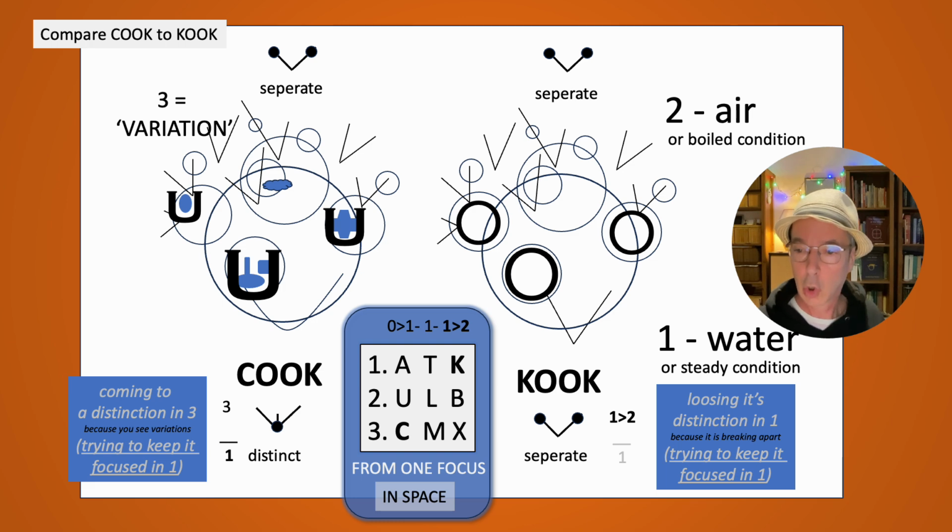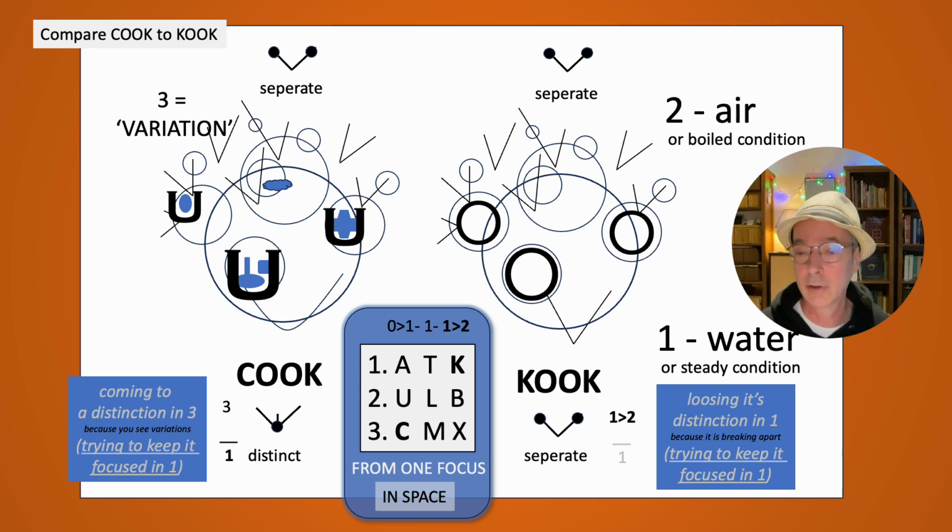Well, kook in the Dutch way, which also means boiling, is the separation at its first way of distinction, and the first distinction is with the boiling. It separates not in variations but in just two conditions: water in its steady condition, and the second one, when you see the air coming up.